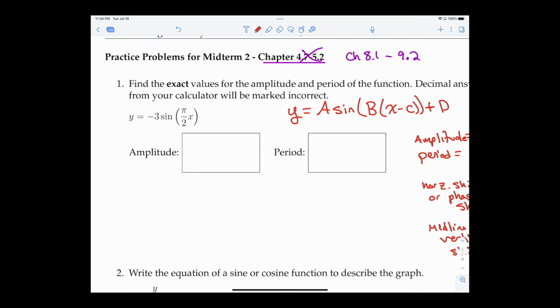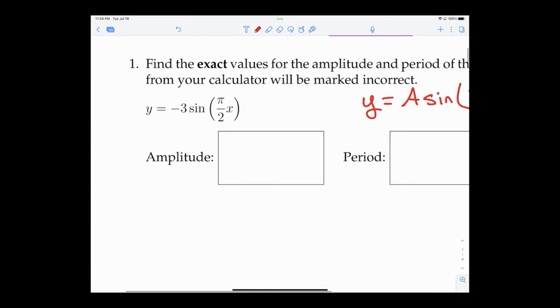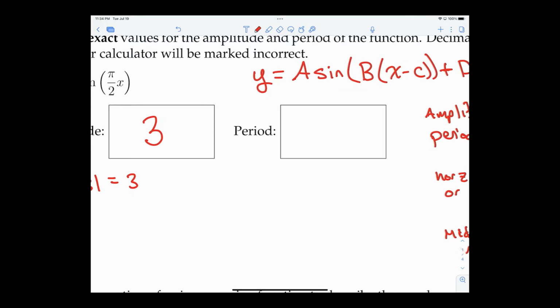In order to calculate the amplitude, we're going to need the number out front, the A. So this is the A. The amplitude is the absolute value of -3, which is 3. That's it. The period is 2 pi over the absolute value of the B. Notice that the B is the number that gets multiplied by x.